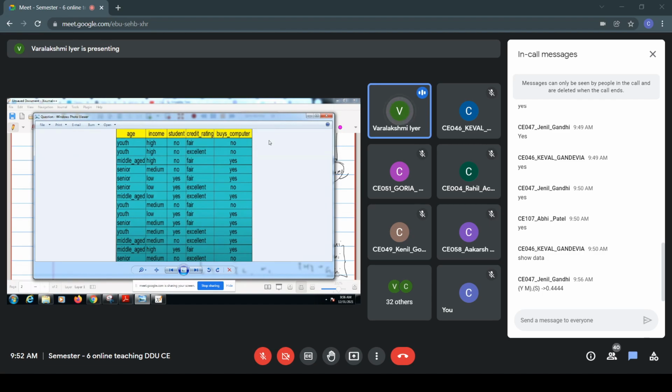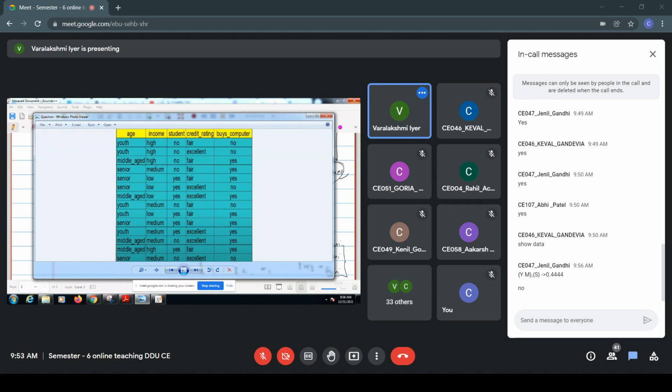Okay, youth and middle aged with senior, you are getting 0.4444. So this is with the weight. After multiplying the weight, you are getting this. Okay, you haven't multiplied the weight.